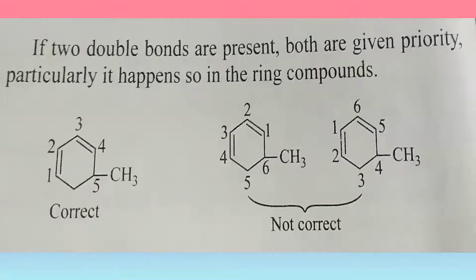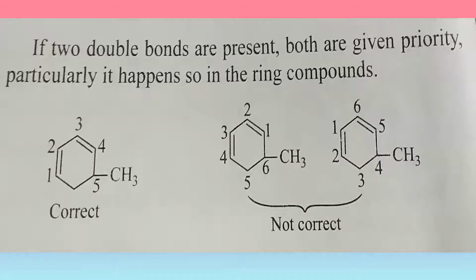Now, if two double bonds are present in a ring compound, both are given priority. In the first one, if you see, there are two double bonds present in the ring. It's not benzene, and it has a methyl group attached to it.